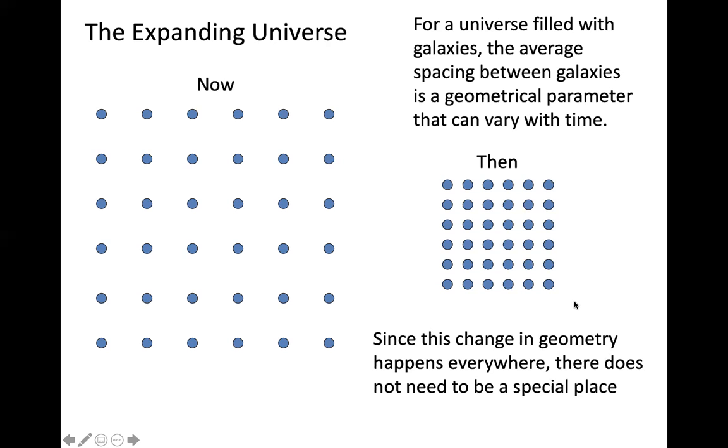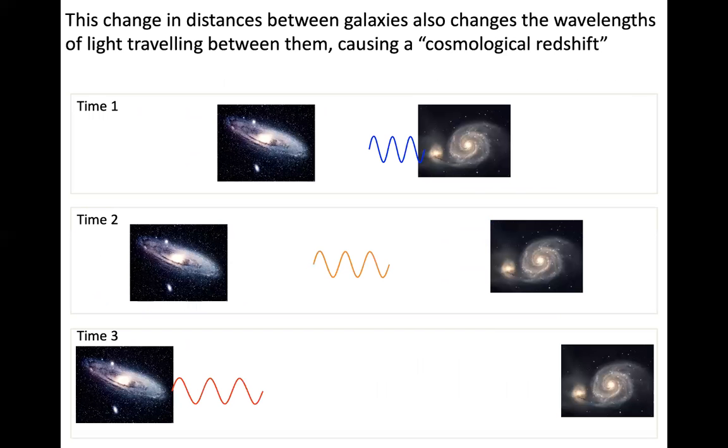And means that there is no special place in this system. The entire universe had its galaxies closer together in the past, not because they moved from one place to another, but because that just changed the geometry of the entire universe. This also has implications for how we understand these redshifts. If we imagine two galaxies and light comes from one and goes to the other, in this case, the light wasn't emitted at a different wavelength because it was moving.